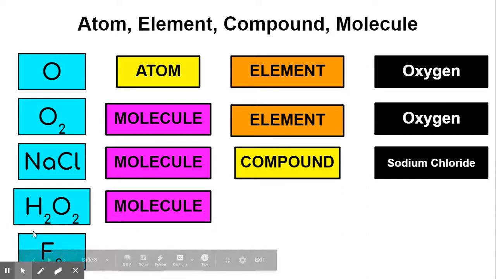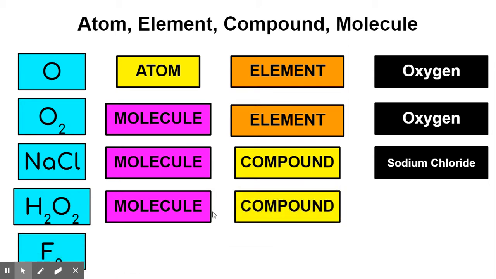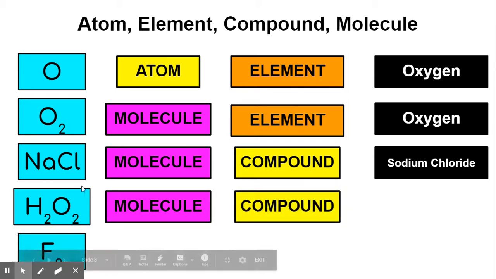The next one, H2O2, again, more than one atom. There's two atoms of hydrogen and two atoms of oxygen. So that makes this a molecule. And because there's more than one different element, this is also a compound. Now, it looks very similar to the formula for water.